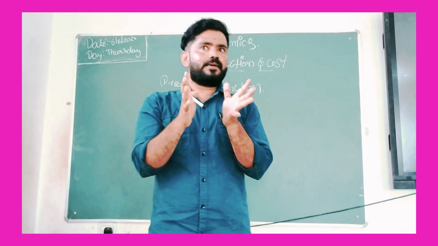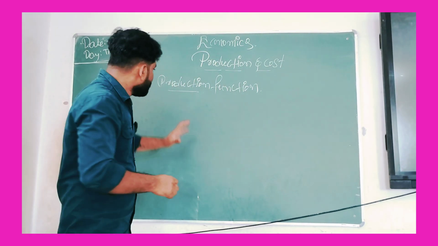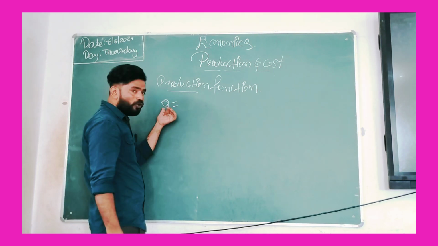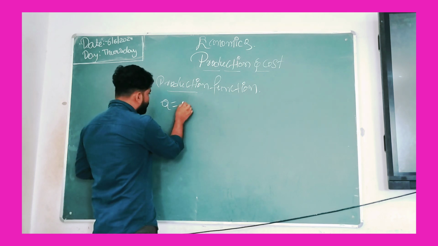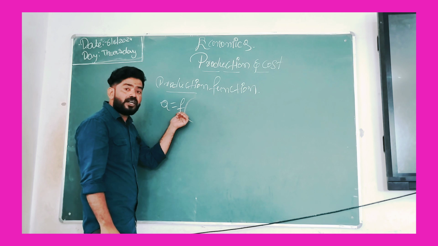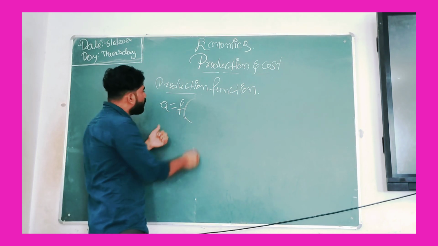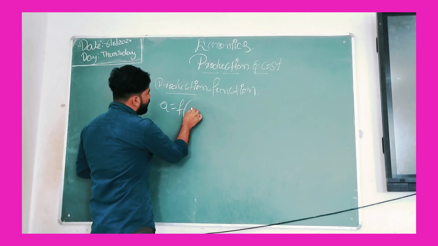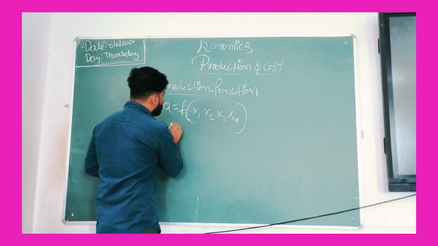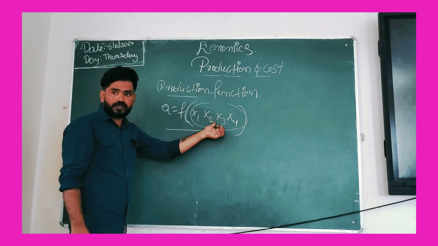In this function, we understand it with a formula like Q = F(X1, X2, X3, X4). Q is the output, F means functional relation, and X1, X2, X3 and X4 are various inputs.